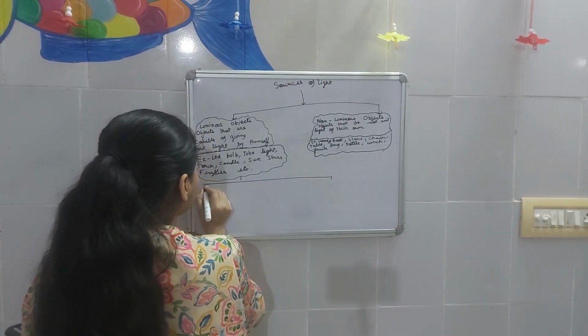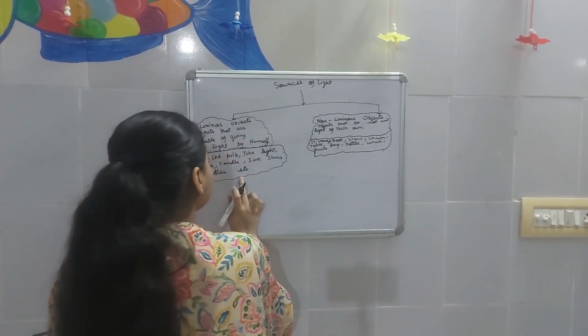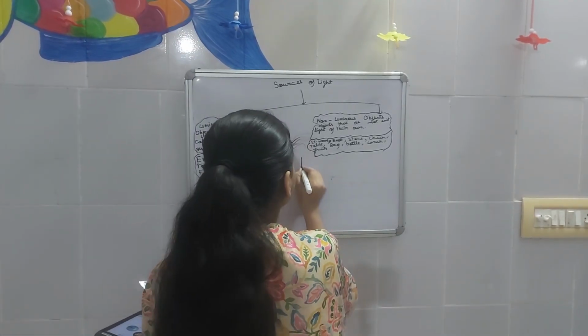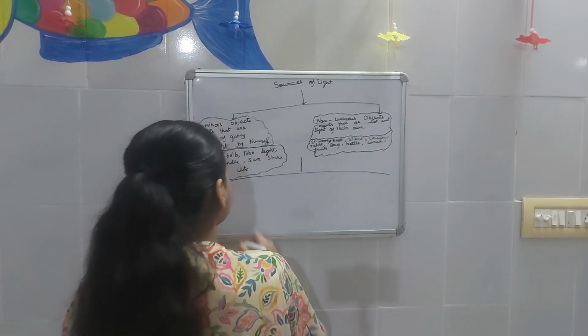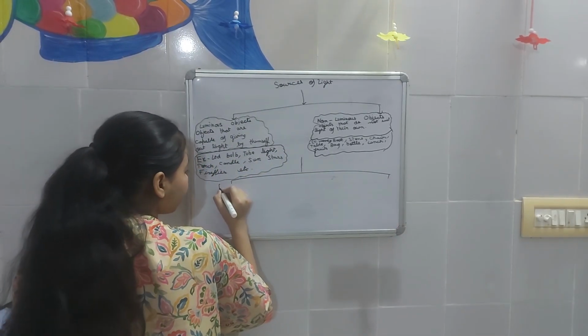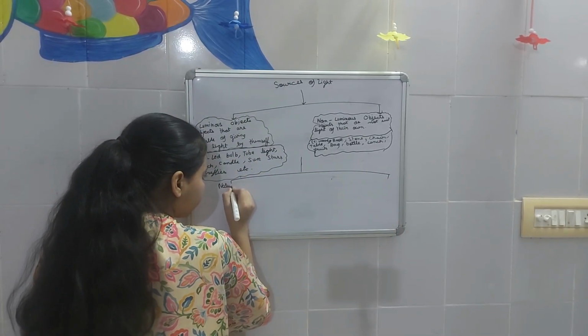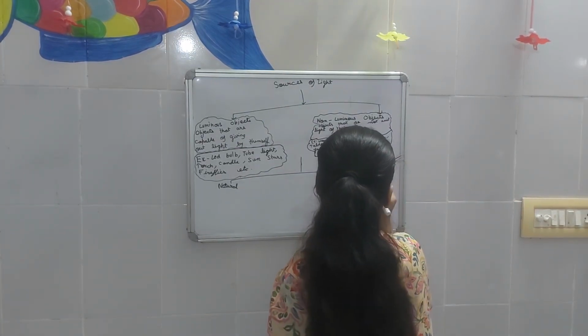One can be here, one, wait, I don't have space, so let's make it over here. So one can be categorized as natural, one can be categorized as artificial.